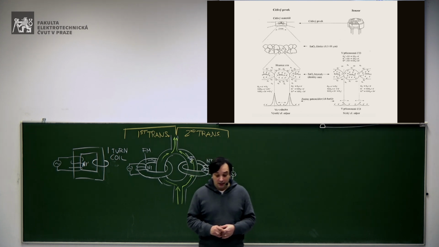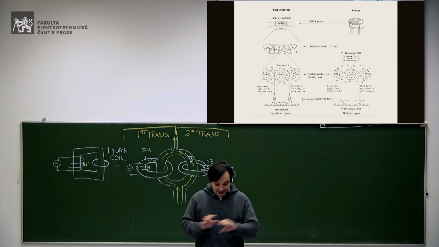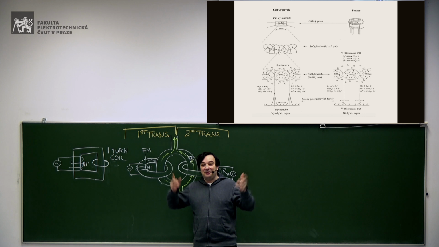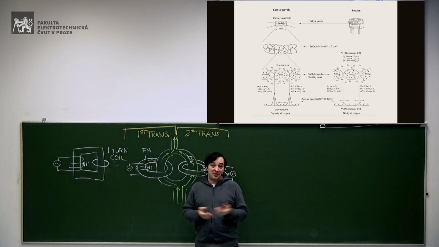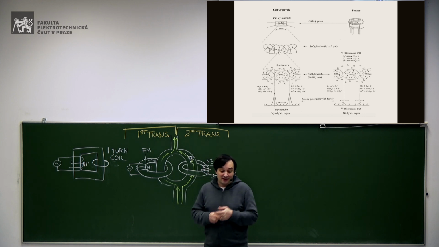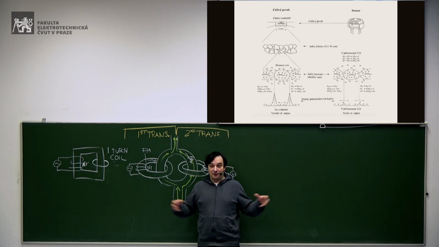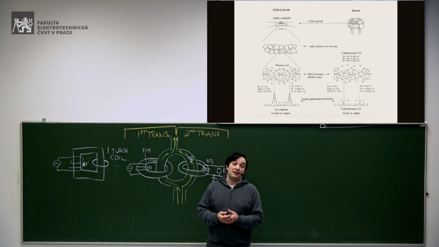Again, I apologize for my mistake. Theoretically, it does measure the presence of oxygen, because when the oxygen is there, it pushes the electrons inside, you have a depletion layer, and therefore the resistance increases.